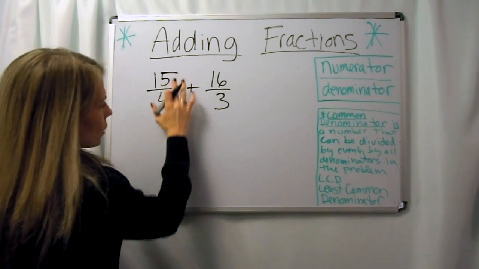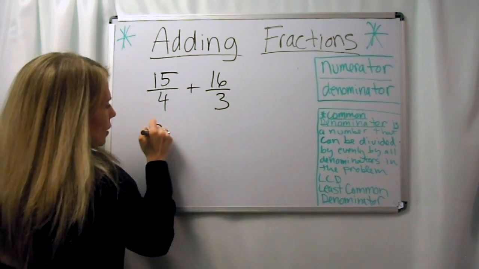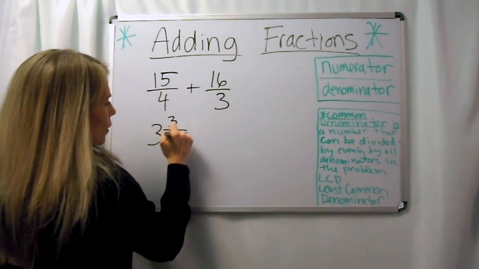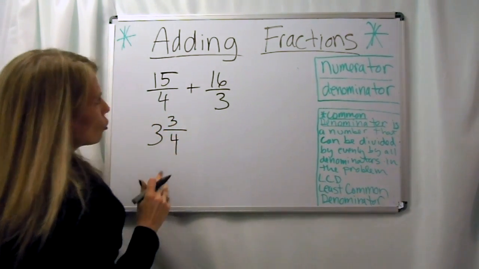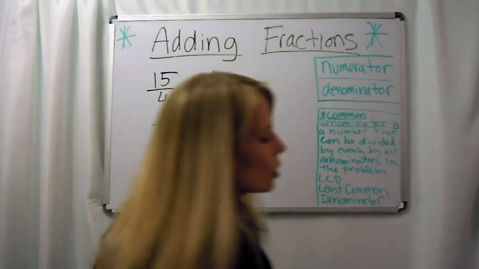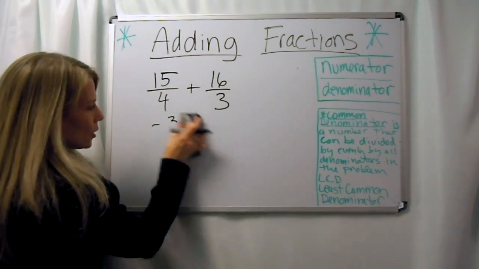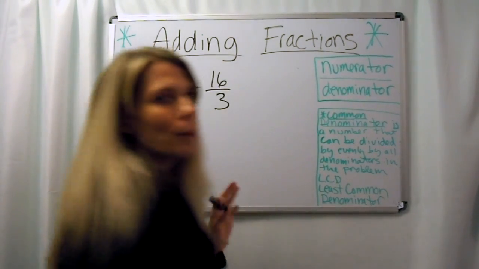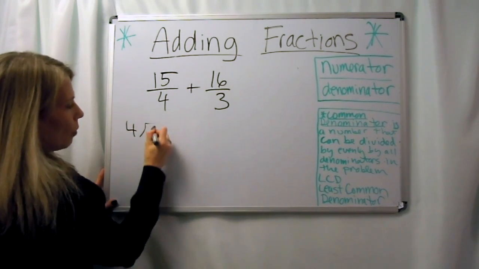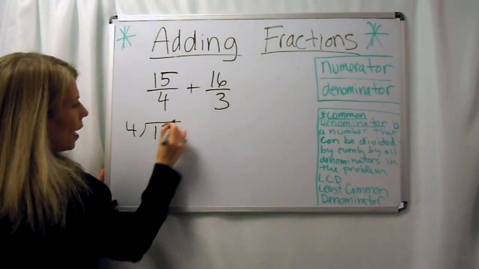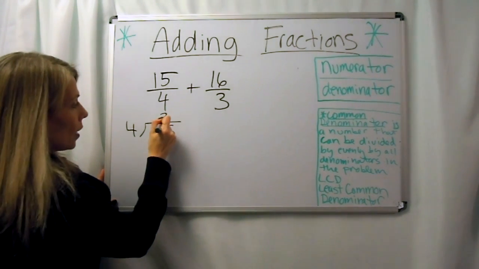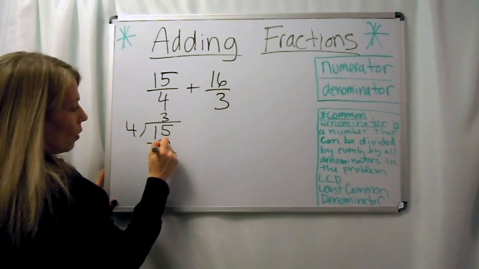So 4 goes into 15 3 times, and I have 3 left over, and I put that in the numerator, and it's over 4. Just so there's not confusion, I'm actually going to do this little division problem because I like to be really thorough so that I make sure everyone's following me. So if we looked at this as an actual division problem, 4 goes into 15 3 times. 3 times 4 is 12.